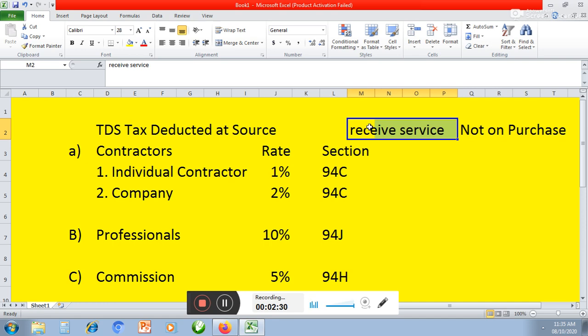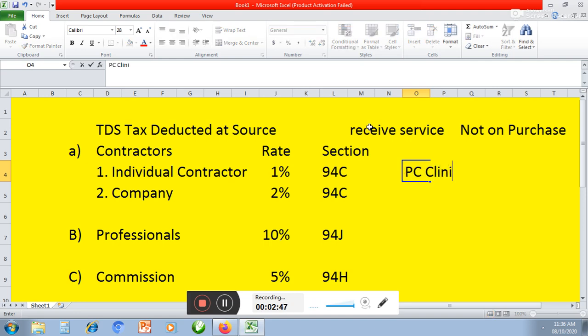Now for example, suppose I receive the service of maintenance. Suppose my 2-3 computers are not working, and I appoint one contractor called PC Clinic and give the maintenance contract to PC Clinic.